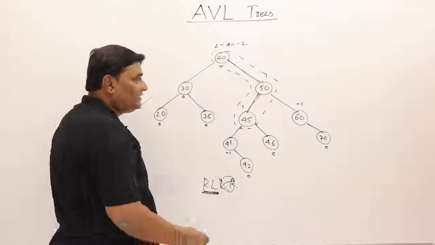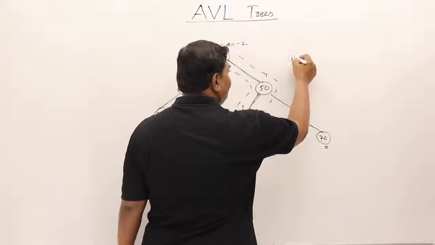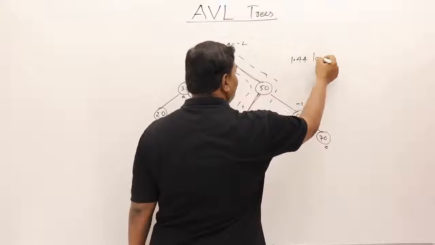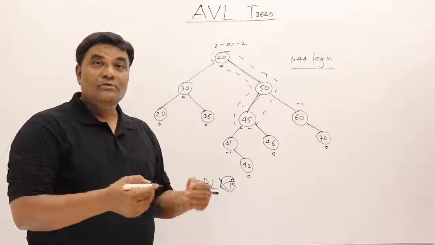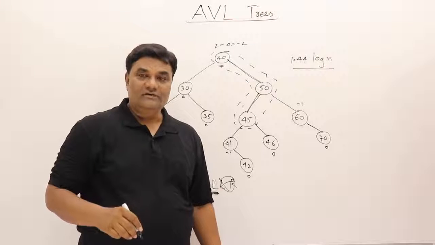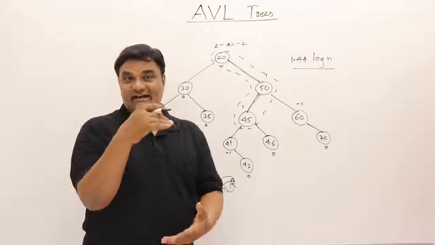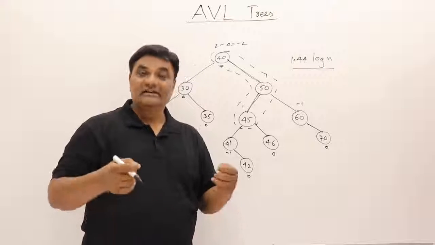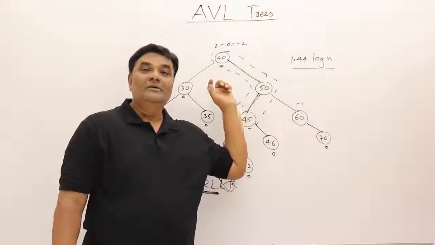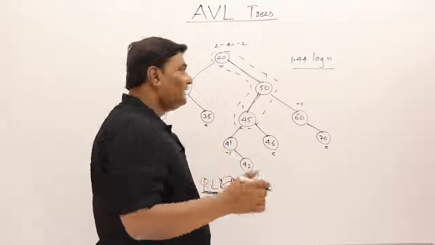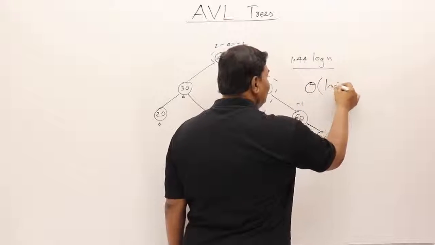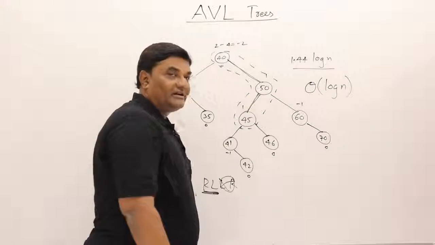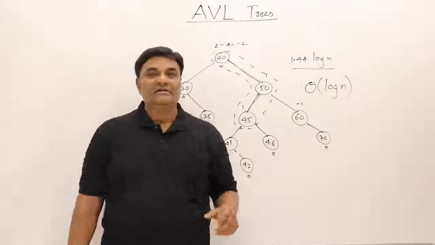So at most the height of an AVL tree is measured as 1.44 into log n. Right? It cannot always be exactly log n. It may be a little bigger also, but it will be a multiple of log n only. So asymptotically we say the time taken for searching in an AVL tree is log n. That's all about AVL tree.